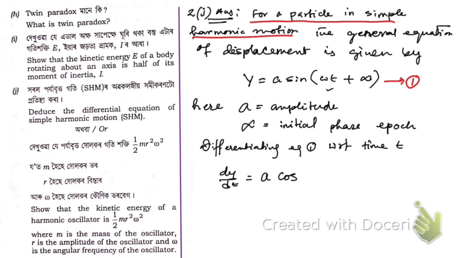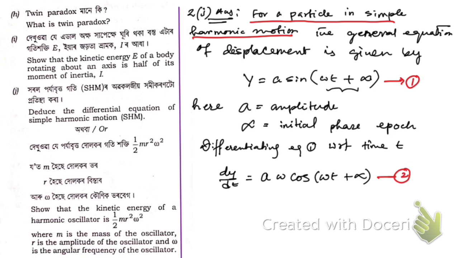Here instead of x we have this, so you're going to have cos omega t plus alpha. Then again this is a function of a function. If you differentiate this part within the bracket, then you're going to have omega, right? So we can write the omega here. So hope you have understood this. This is, suppose, equation number 2, right?